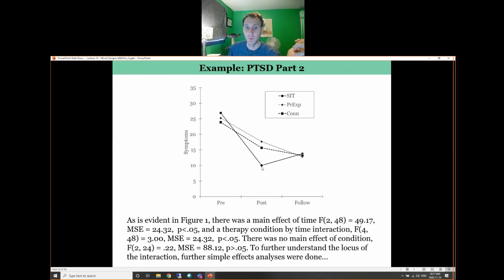We don't know. More importantly, is post different from follow-up? Is this little uptick here, did people experience more symptoms, or is this non-significant? We don't know. We know that at least 2 of these means are different. That's what that first level of our simple effect tells us, right? We did the F, but then we would need to follow this up even further using t-tests like we showed in the previous lecture.